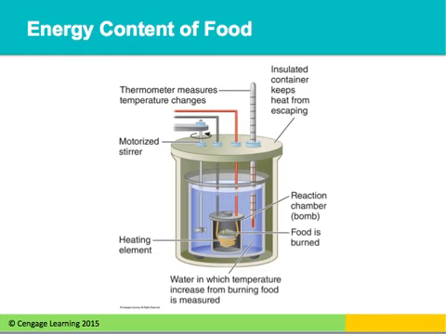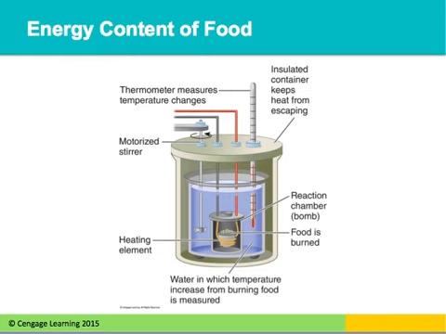If we're looking at this diagram right here of the bomb calorimeter, we can see that the food is placed right in here in this mechanism connected to the heating element. Essentially, the food is burned to ash, and the heat emitted from burning that food is measured in the water change of the bomb calorimeter.